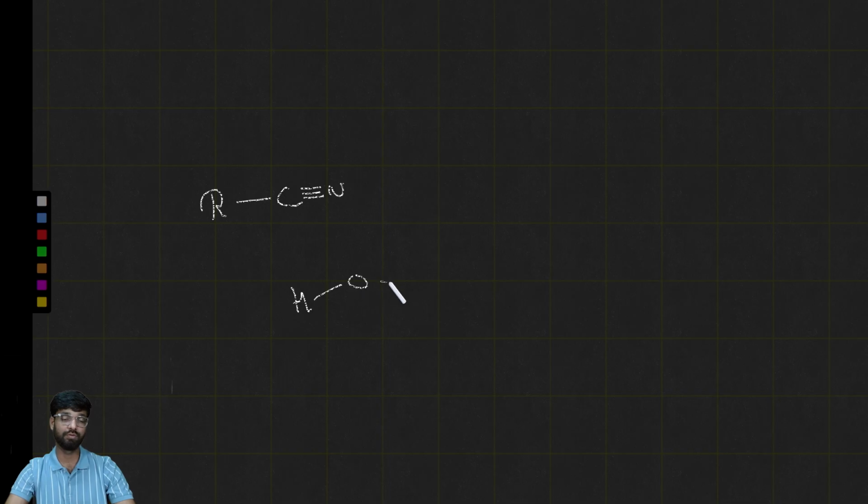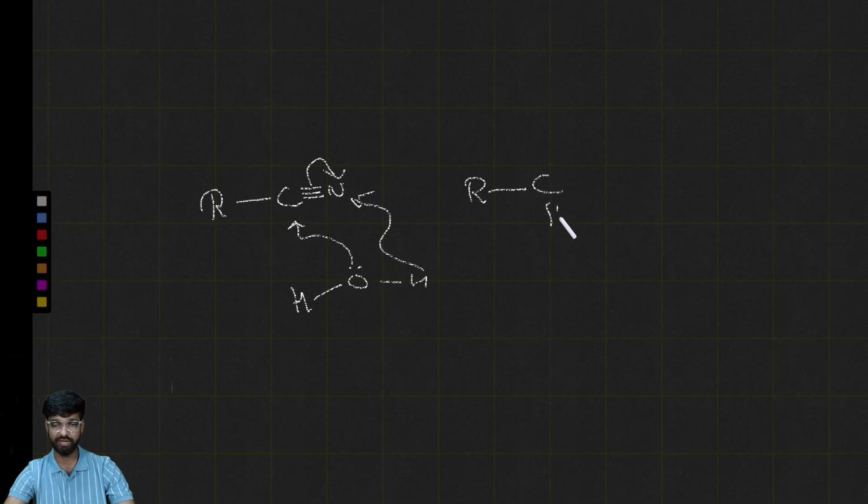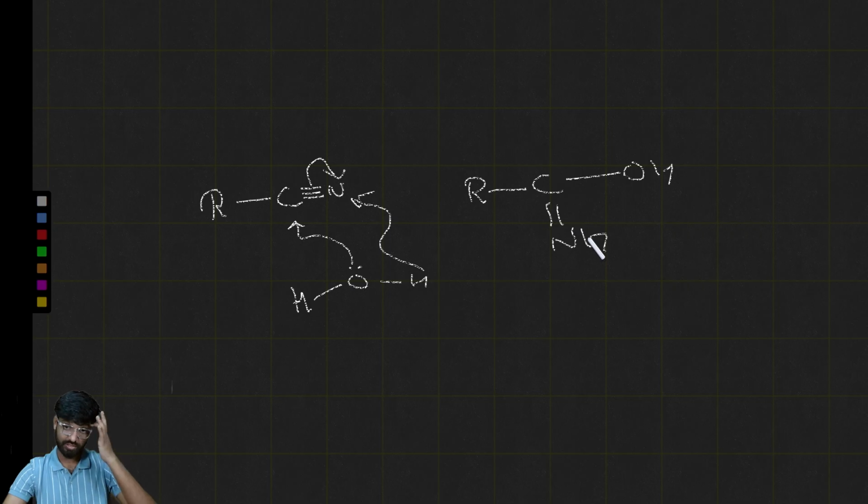We have H2O. This will attack here. As soon as it attacks here, a proton transfer takes place from hydrogen to oxygen to nitrogen and results in this kind of entity.